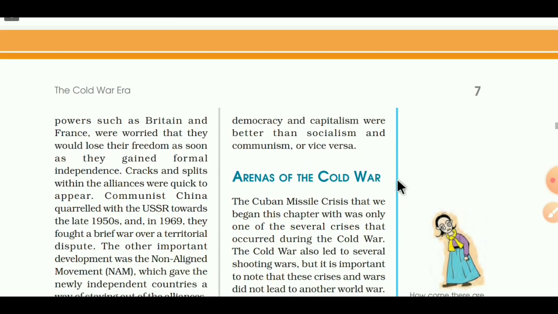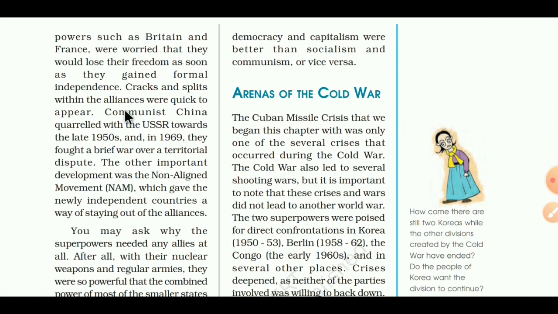But whatever the Cold War was going on, a third world was formed, that is the non-alignment movement.